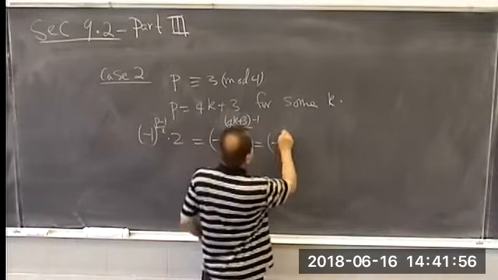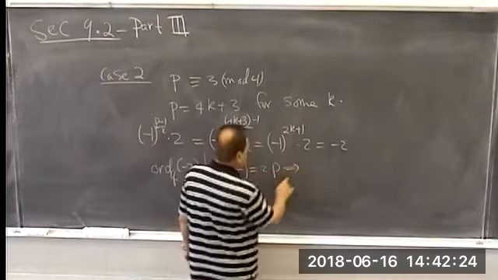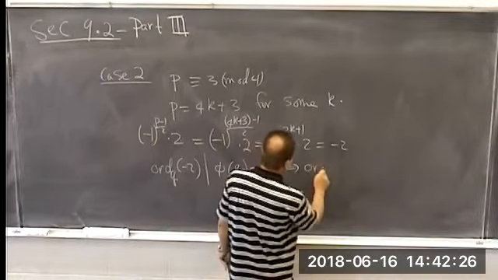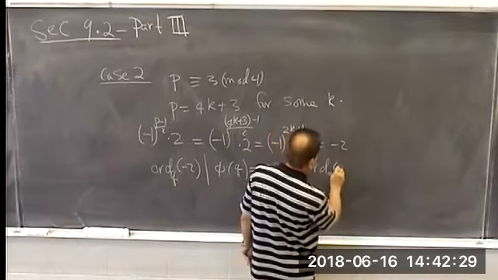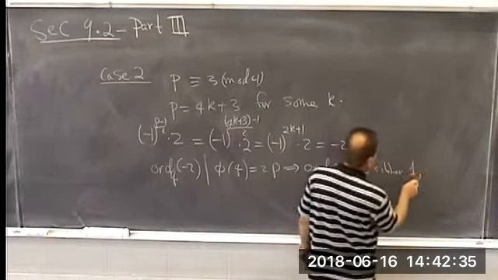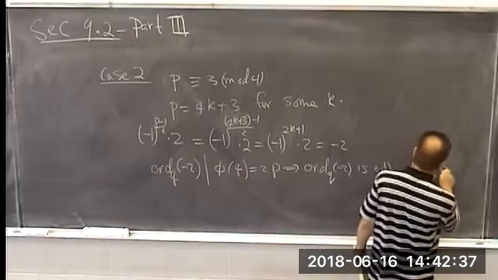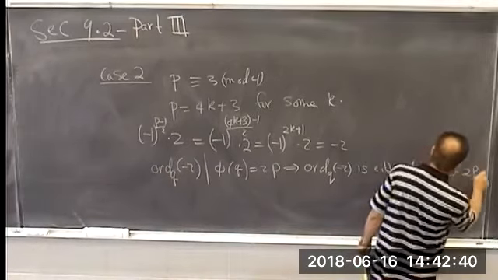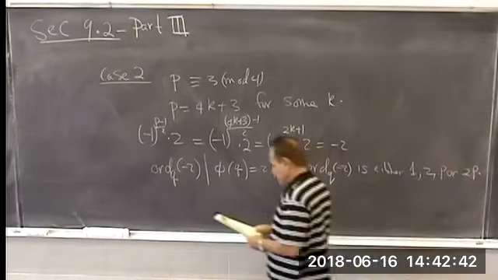All right. Similarly, we're going to look at the order mod q of -2. We know that this divides again phi of q, which is equal to 2p, and again gives us this order is either 1, 2, p, or 2p. Same possibility.